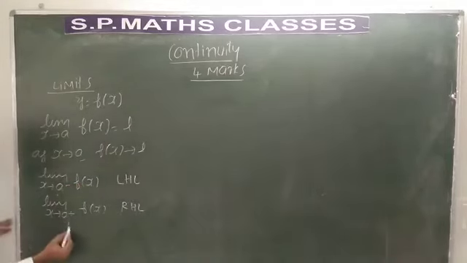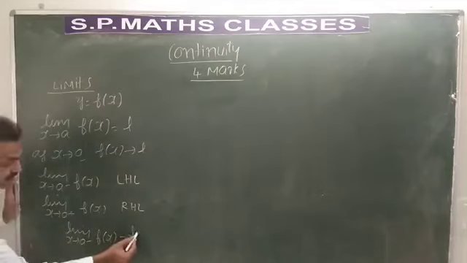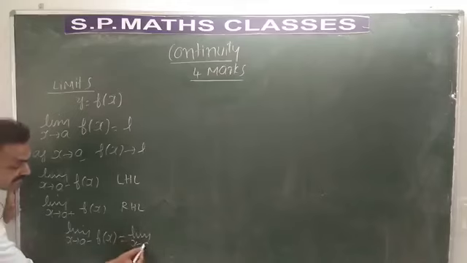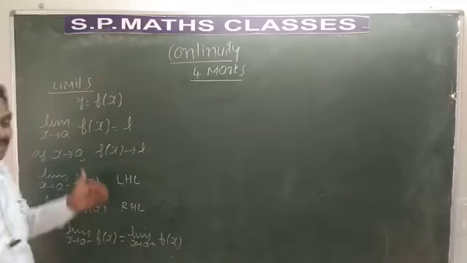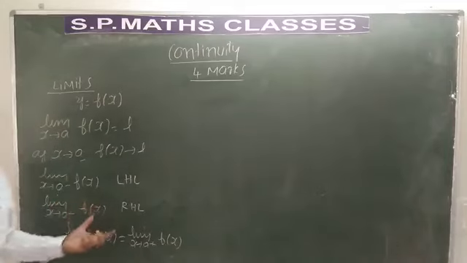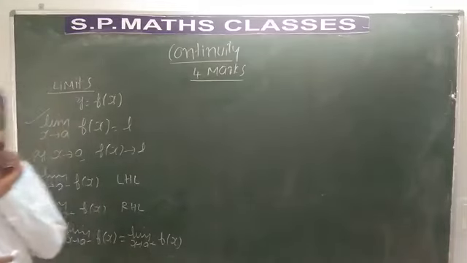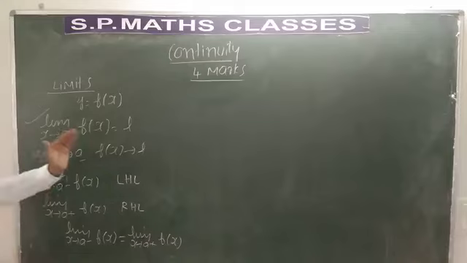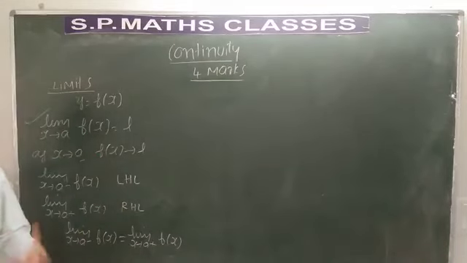And you know that the limit of a function exists only when limit as x tends to a minus f of x is equal to limit as x tends to a plus f of x. So the value obtained in LHL, the left hand limit, and the value obtained in RHL, the right hand limit, should be the same. If they are the same, then only we can say that limit as x tends to a, f of x exists. Remember students, limit as x tends to a, f of x is equal to L exists only when left hand limit is equal to right hand limit.